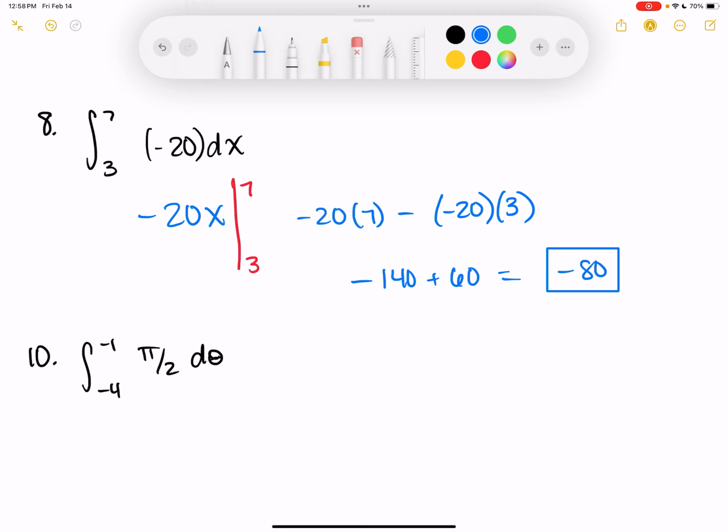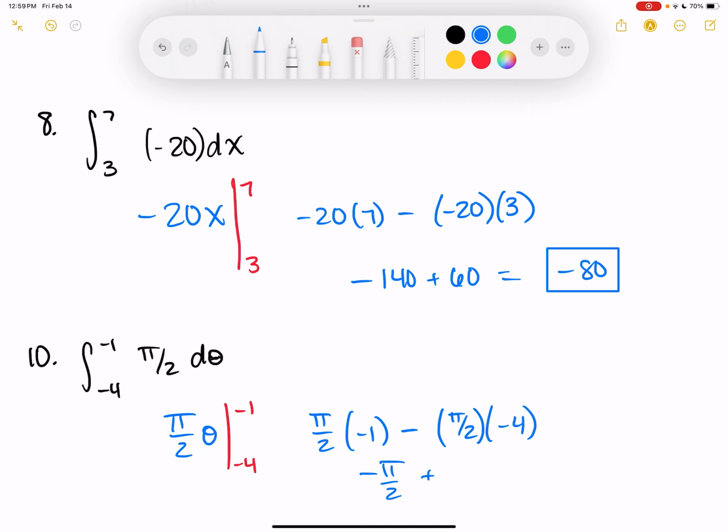Pi over 2 theta, evaluated from negative 4 to negative 1. So we've got pi over 2 times negative 1 minus pi over 2 times negative 4, which is negative pi over 2 plus 4 pi over 2, which is 3 pi over 2, and that's your answer.